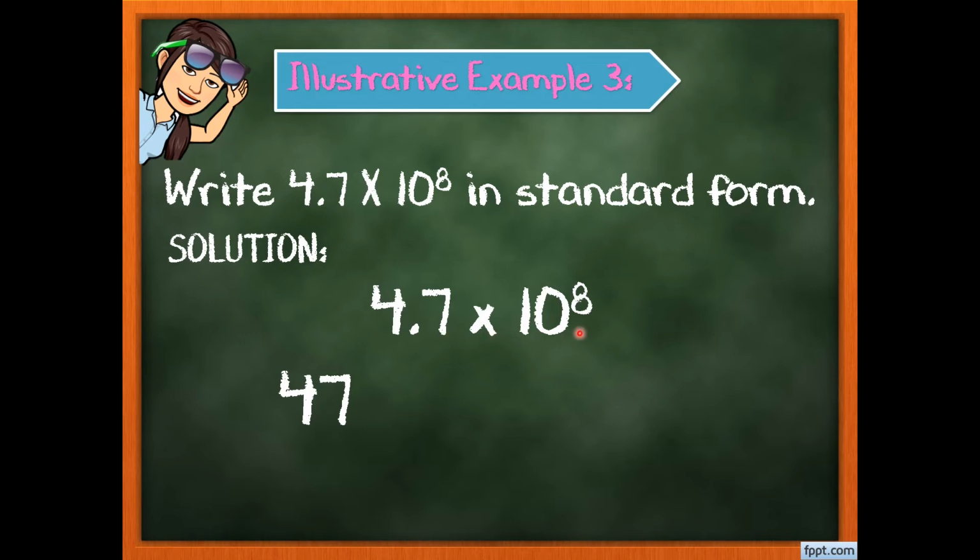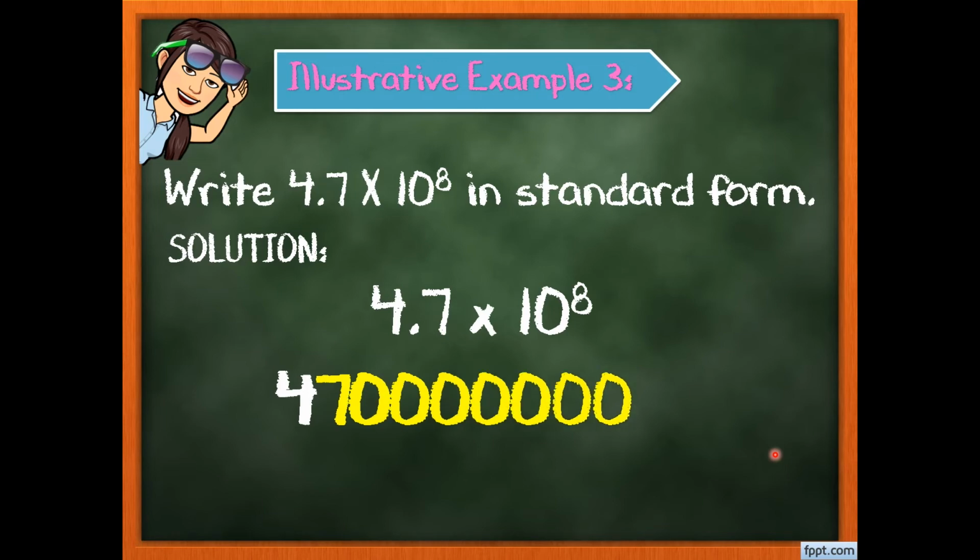So, it means we are going to add 7 zeros to the right of the 7 para ma-transform natin siya into standard form. So, 1, 2, 3, 4, 5, 6, 7.